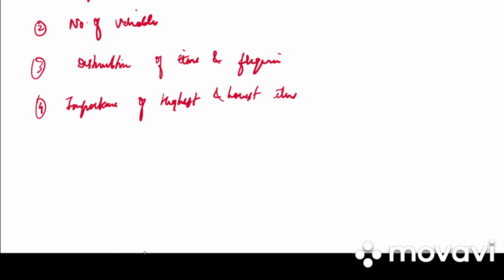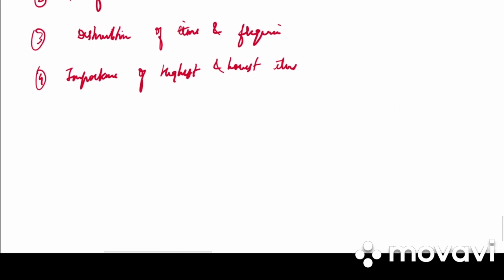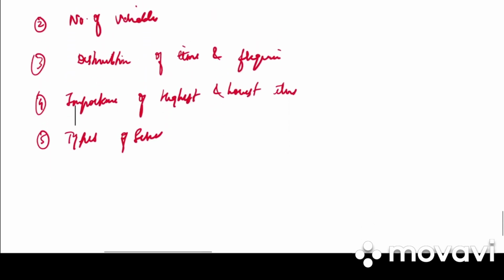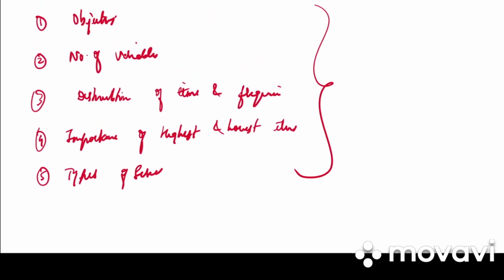So if no importance is to be attached to the highest and lowest item, then median is the best. And last we have types of series. If in a series large number of items are similar to each other, then the use of mode is not suitable. Clear? So according to these 5 things, we decide which is the best average.